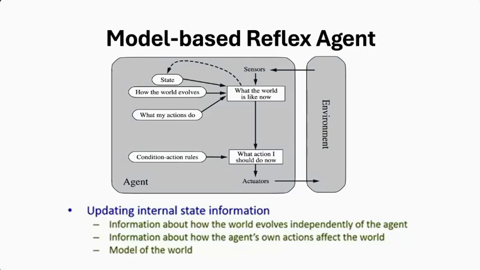It keeps an internal state. Take note, updating internal state information on how the world evolves independently of the agent, on how the agent's own actions affect the world, especially the model of the world. Alright, nakuha? So, yan yung trabaho ni model-based agent.